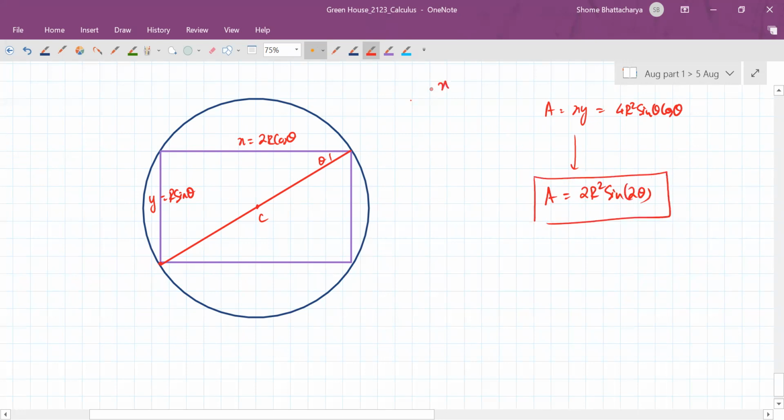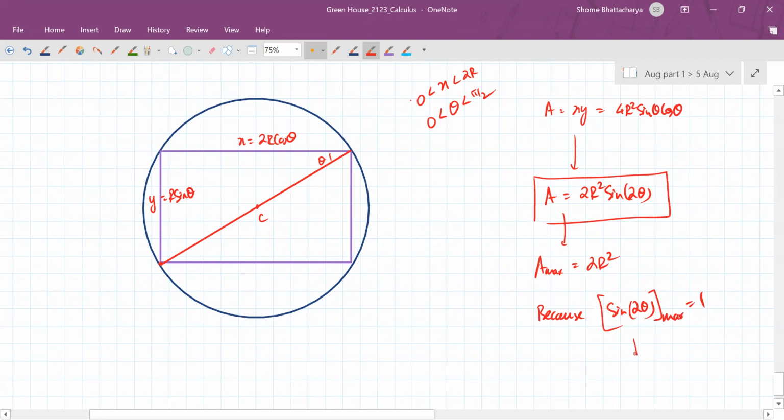In this you can see that since x has to be greater than 0 and less than 2r, my theta has to be greater than 0 and less than pi by 2. So from this you can see that the maximum value of area is equal to 2r square, because sin 2 theta's maximum possible value is 1, and that occurs for 2 theta equal to pi by 2.